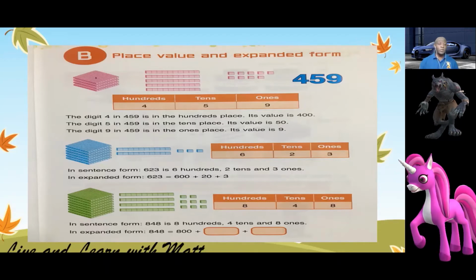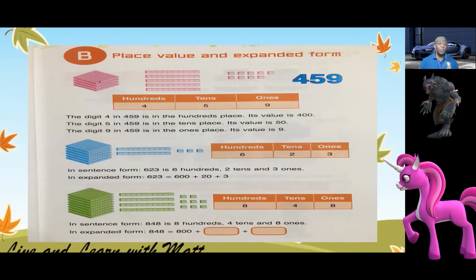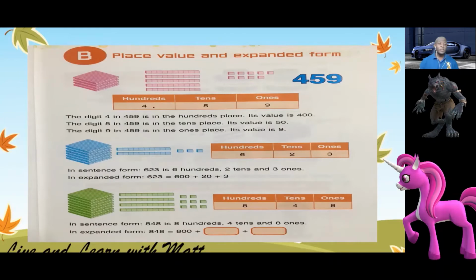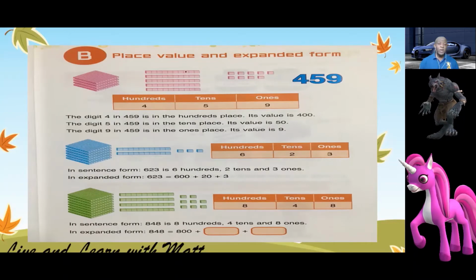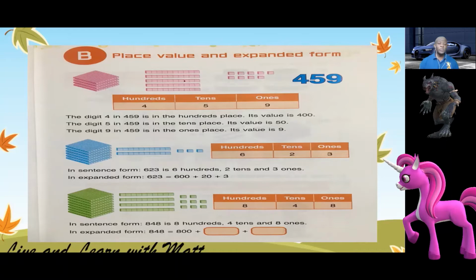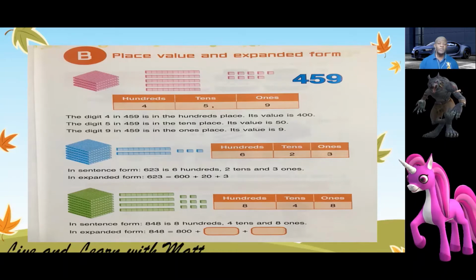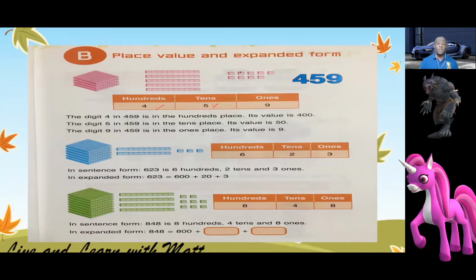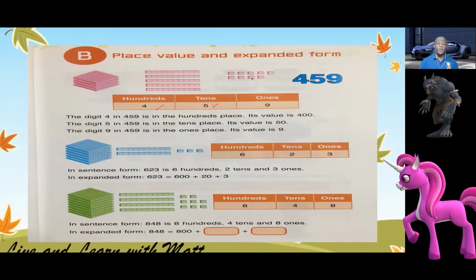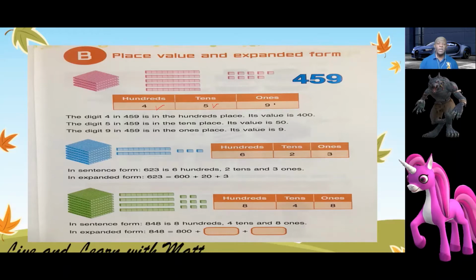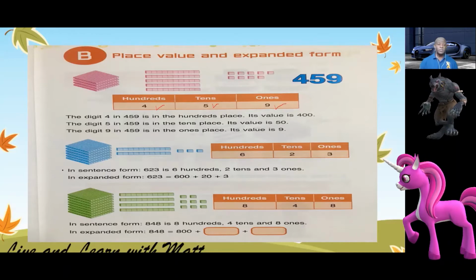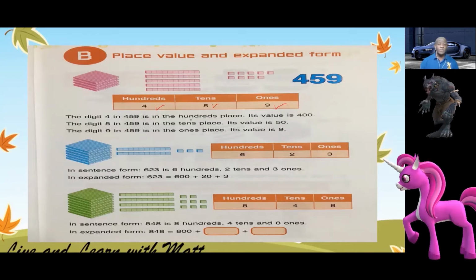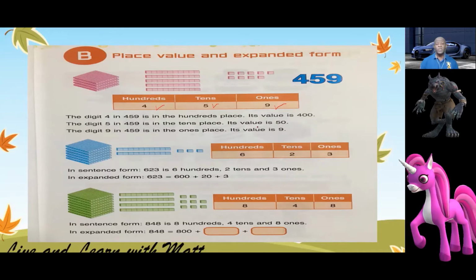So here we have 1, 2, 3, 4. We have 4 hundreds. We have 1, 2, 3, 4, 5. We have 5 tens, and we have 1, 2, 3, 4, 5, 6, 7, 8, 9. 9 ones. So the 4 in 459 is in the hundreds place.